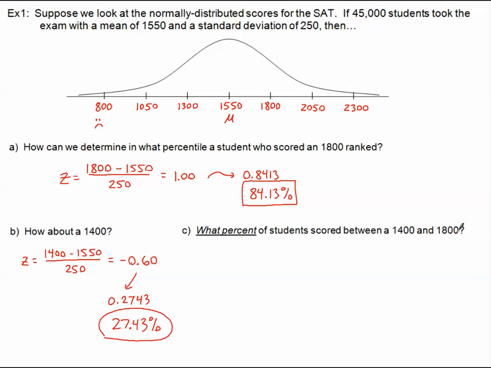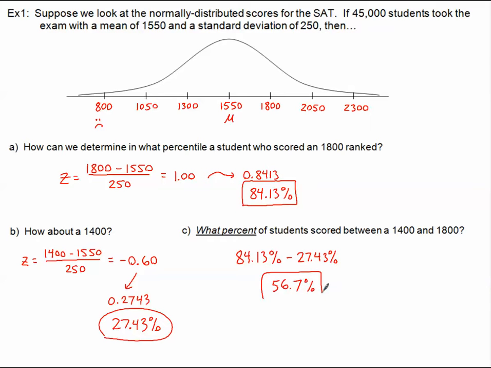Well, since we just figured out the percentage of students that scored the 1800 and the percentage that scored the 1400, we can simply take those two percentages and subtract them. Of course, I'll take the bigger one minus the smaller one, 27.43, and when I subtract those, I will have the percent of how many people scored in between those two amounts, so 56.7%.